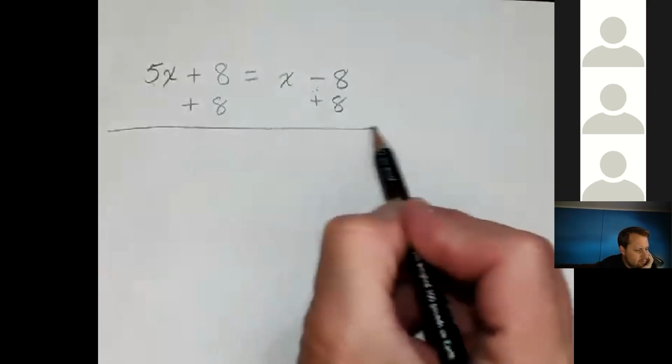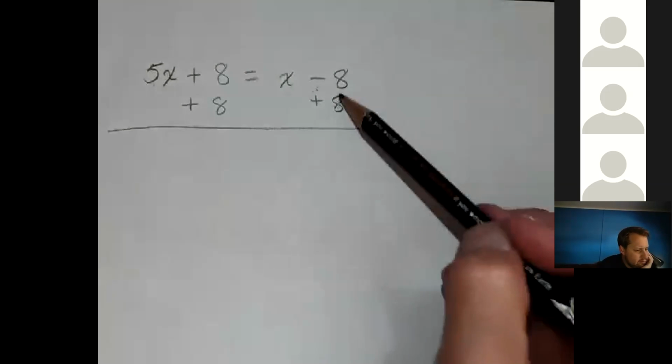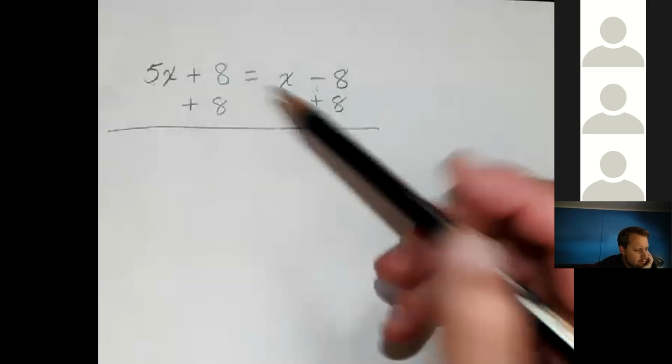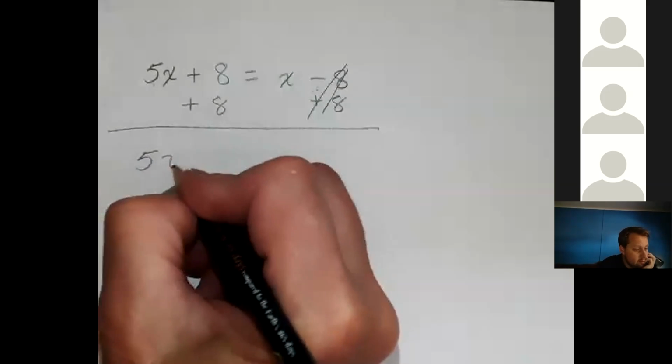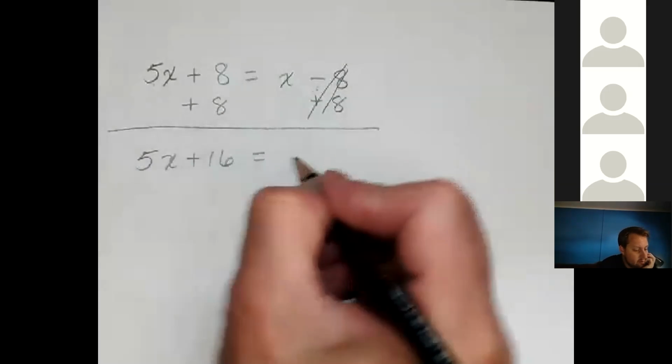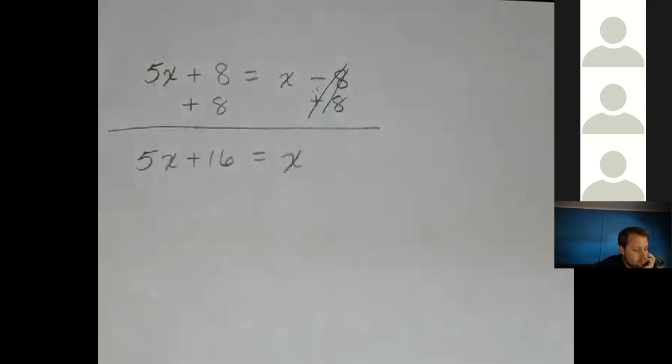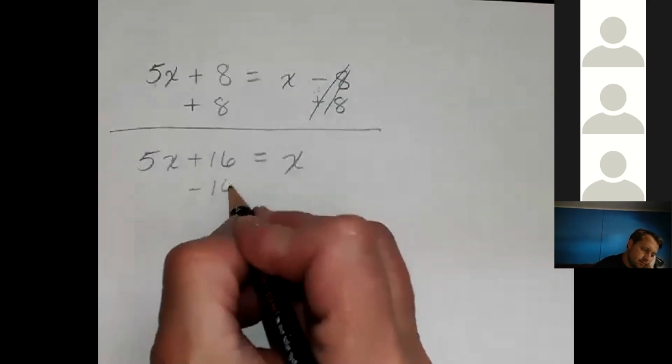Yeah, to not end up with any negative numbers. Okay, so we add 8 to both sides. That makes this one go away. Okay, Kevin, what would you do next? Maybe divide. Actually, no, minus 16 on each side. I don't know. Let's do that.